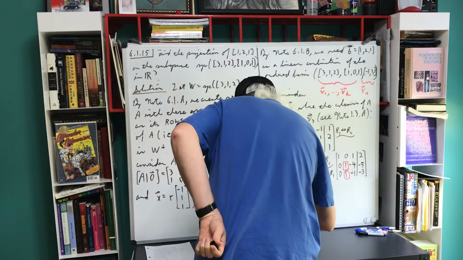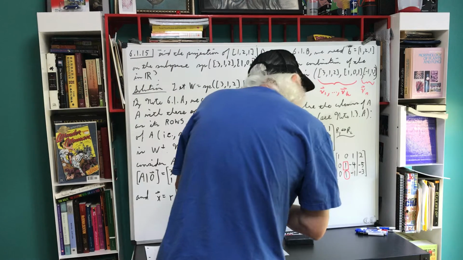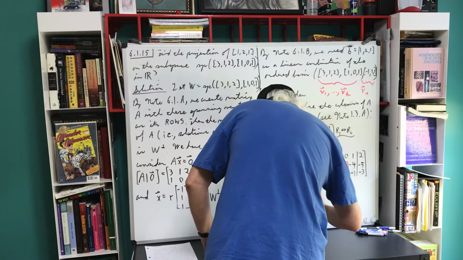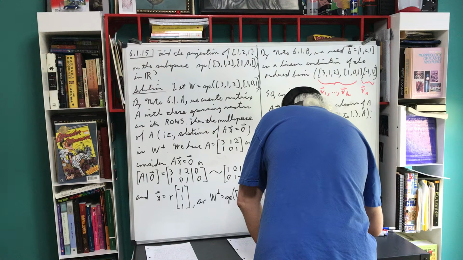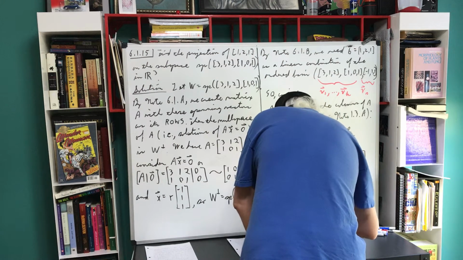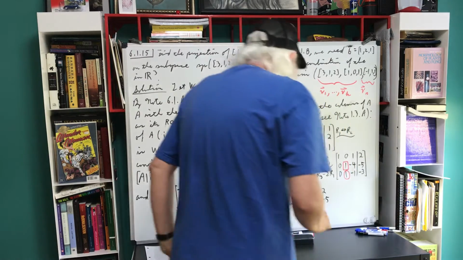So we'll take row 3 and subtract row 2. First row doesn't change. 1, 0, 1, 2. Second row doesn't change. Third row, here comes the arithmetic.